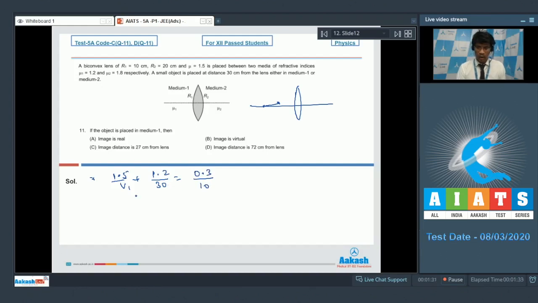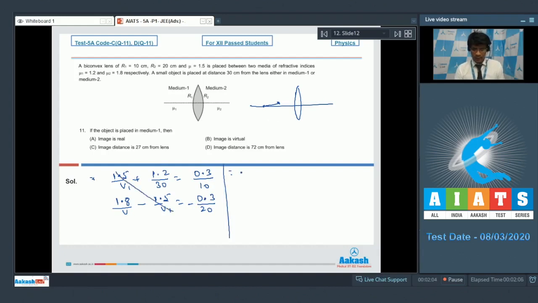Now the ray will be refracted on this side, so here it is 1.8 final image distance V minus 1.5 V1 would be equal to mu2 minus mu1 would be equal to 1.8 minus 1.5, 0.3 and R here is minus 20. Just have this calculation here.